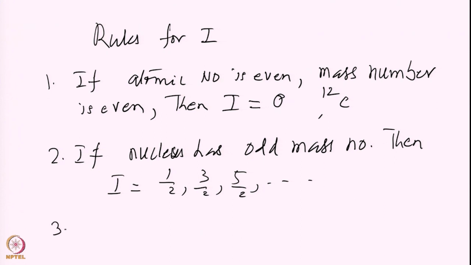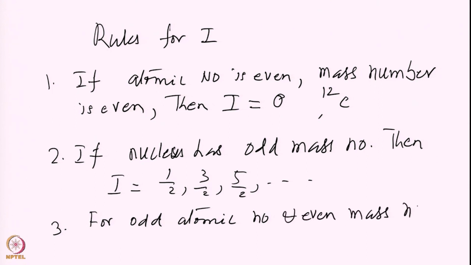Then number 3, for odd atomic number and even mass number, I will take integral values 1, 2, 3, etc. Most of the time we will be dealing with nuclei with I equal to half.